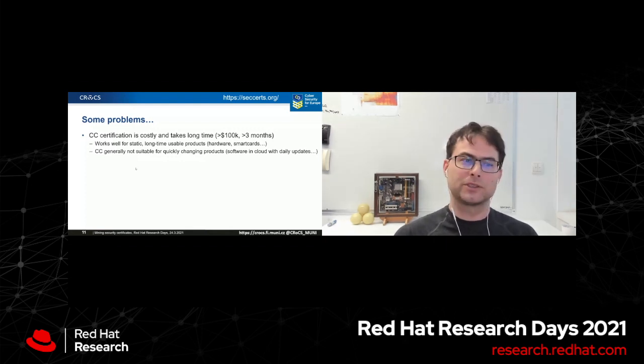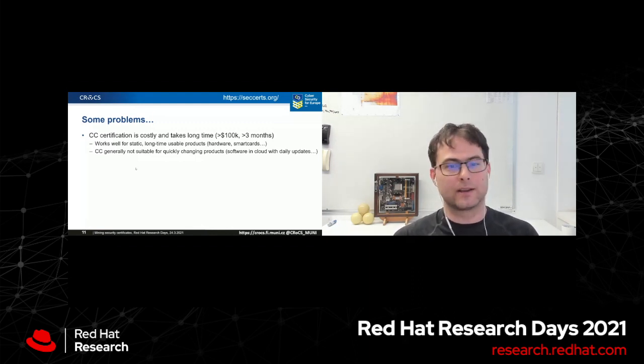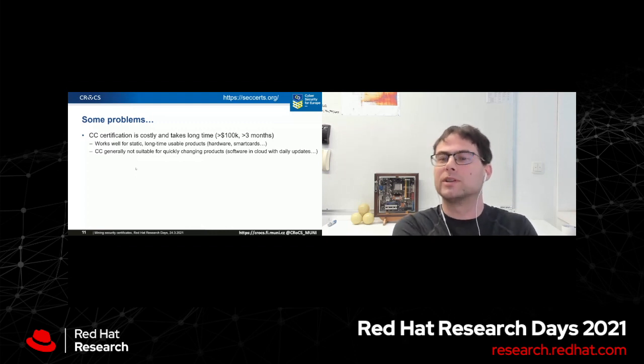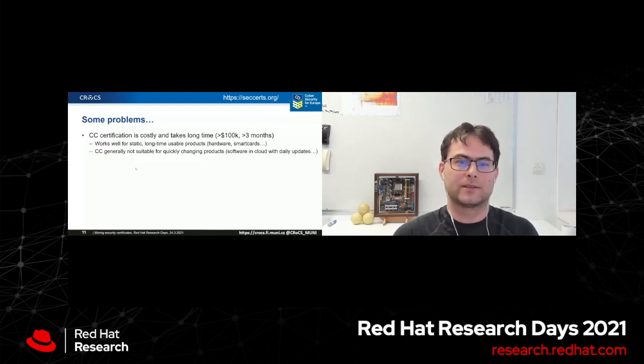This works well for static, long-time usable products like smart cards, like the integrated circuits inside the cryptographic smart cards. These can run for years with no change, but it's definitely not suitable for something that changes quickly. Imagine that you have some software deployed in the cloud with daily updates, and this is clearly not compatible.